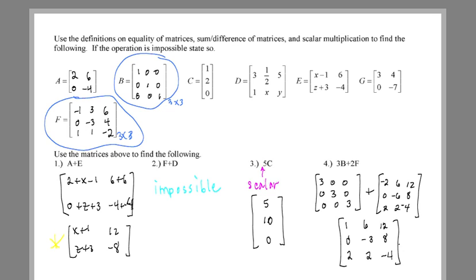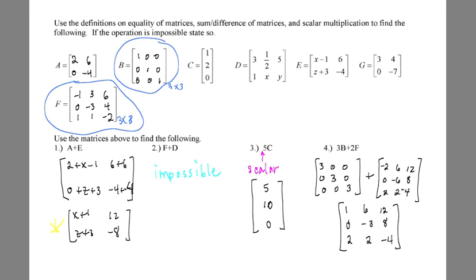I really hope I didn't make any other careless arithmetic mistakes on that. I'm going to show you how to do this on your calculator so you won't make any careless mistakes. But for right now, again, please forgive me if I do make any. 2 times F. Okay, well, I'm hoping that's right.